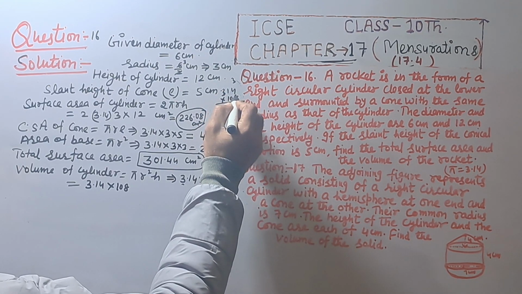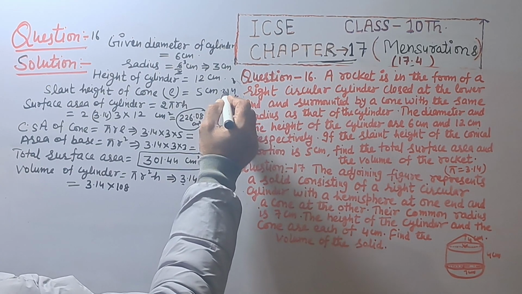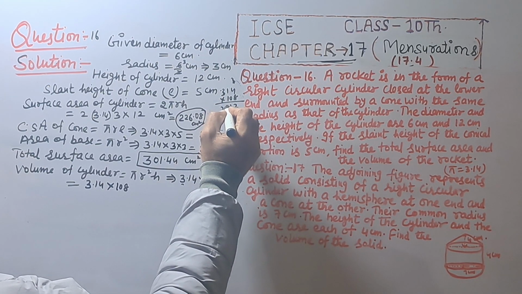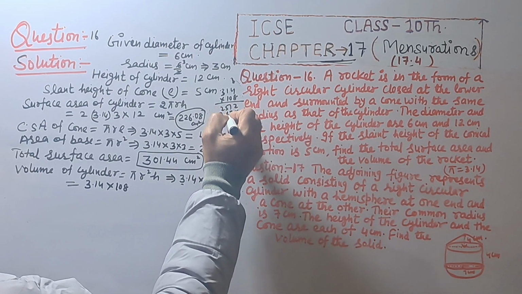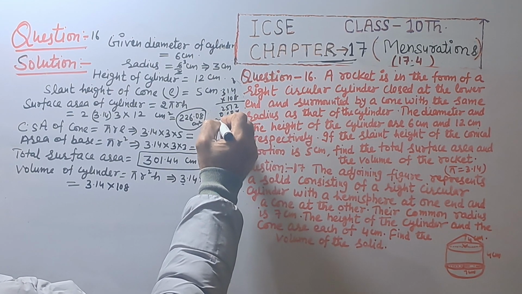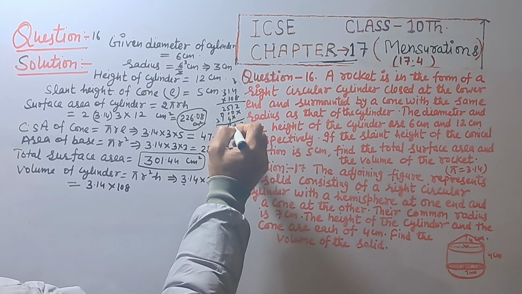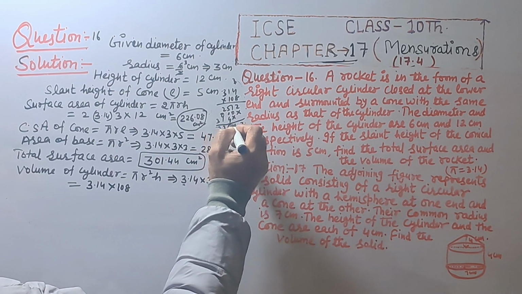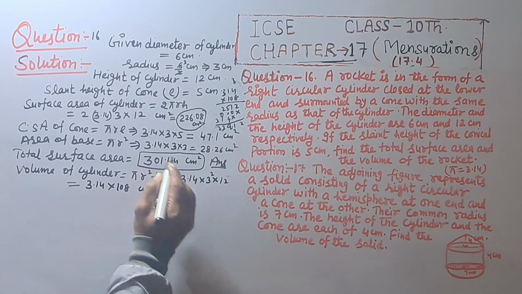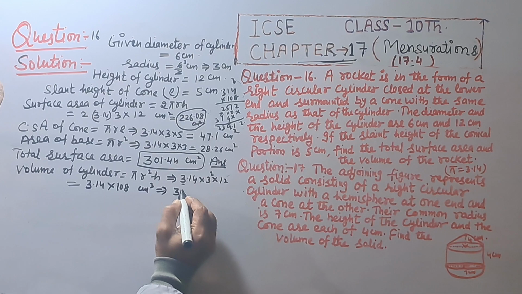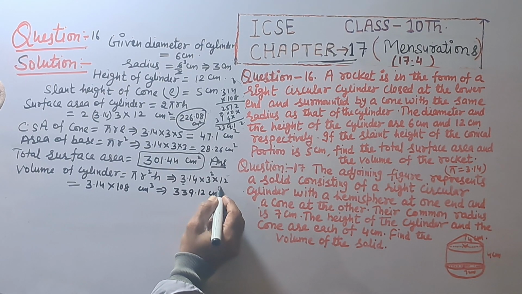Volume of cylinder is equal to 339.12 centimeter cube.